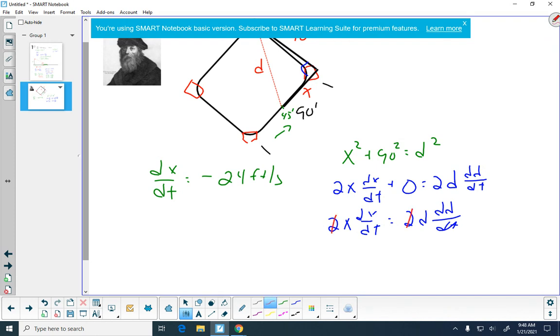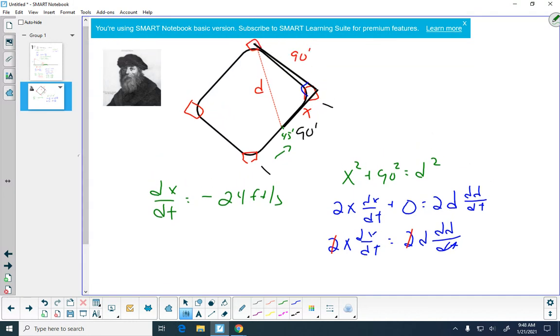We can divide 2 out of both sides. They would cancel away. So we have x dx dt is equal to d dd dt. We know x is 45 because he's halfway down the line. So we have 90 and we have 45. What we have to find is what d is.